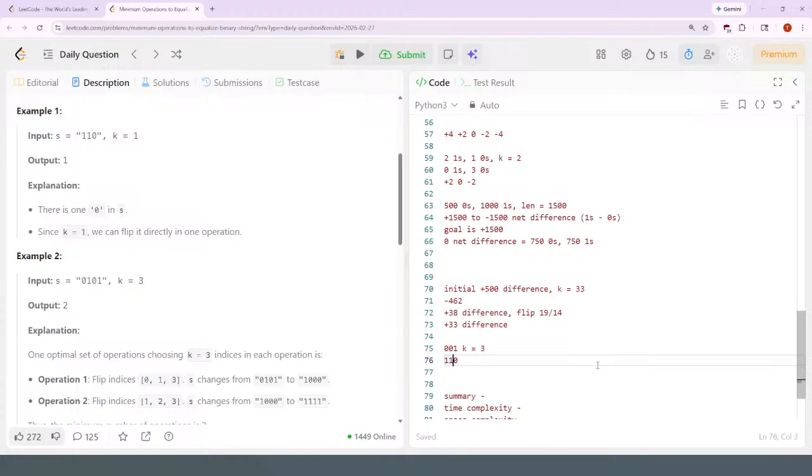Two down to 1, 1 down to 0 is not possible. 2 zeros down to 1, 0, 1, 0 doesn't go down to 0 zeros.